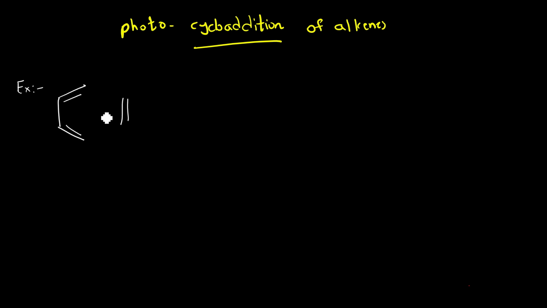Now when you talk about normal cycloaddition reactions, this mechanism we call concerted. Right? We call this mechanism concerted. Now what happens is, here we have an alkene.